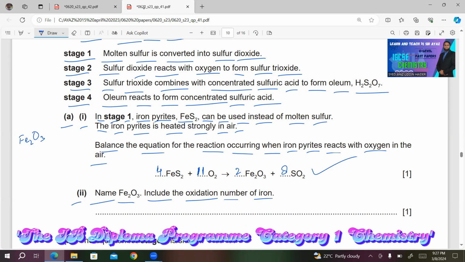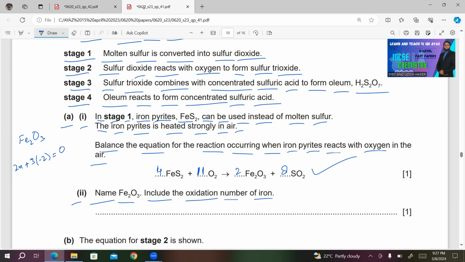There are 2 iron atoms, so 2x plus 3 atoms of oxygen, 3 multiplied by -2, is equal to 0, as there is no charge on Fe2O3. So 2x minus 6 is equal to 0, or 2x is equal to plus 6, or x is equal to plus 6 by 2, which is plus 3. So the oxidation number of iron is plus 3.